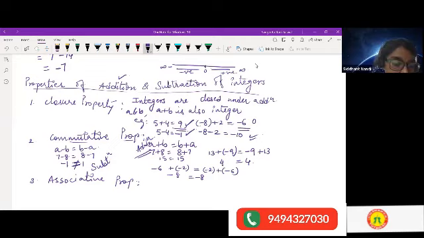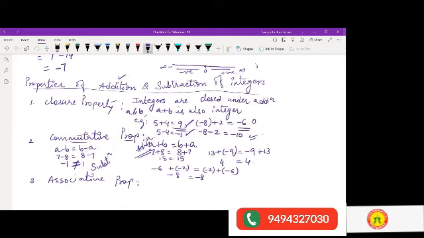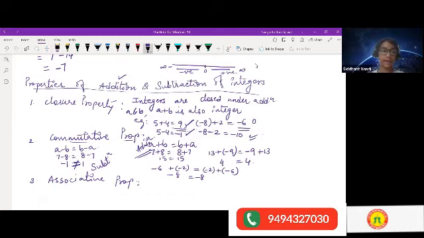Ma'am, actually, I had a doubt in commutative property. In subtraction of commutative property, if you subtract two integers, it's not commutative, right? So I subtracted many integers like that, and I got the additive inverse of them.